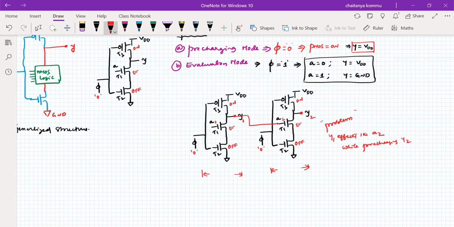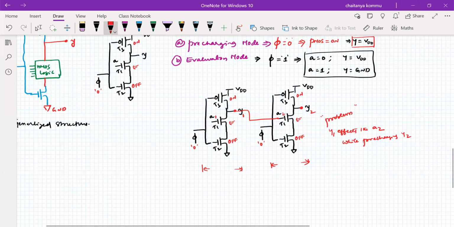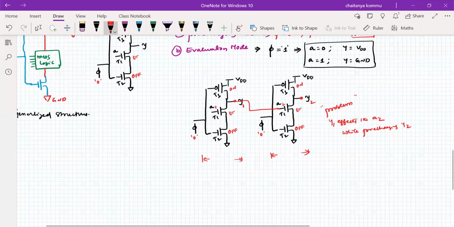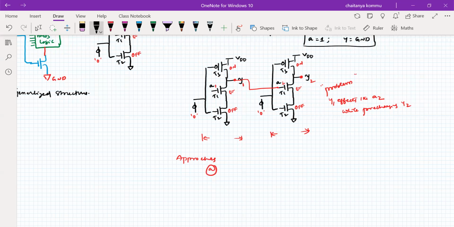Whenever you do the pre-charging for all the nodes, evaluation should not happen for anything. In order to do this, two approaches are there. Approach number one is to use different phase clocks, for example phi 1 and phi 2.